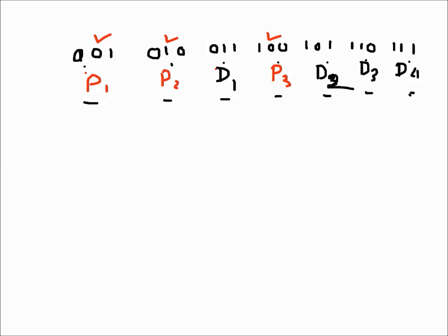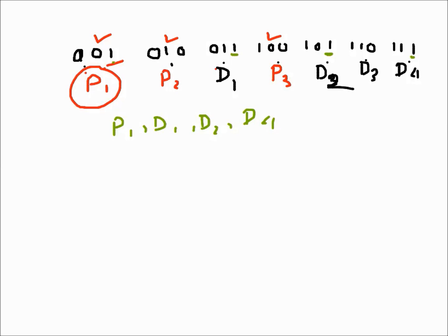Now let's see how they check the parities. P1 has a 1 in the last position, so it will check parity with wherever there is a 1 in that position: P1, D1, D2, D4. P1 will form parity with these 3.